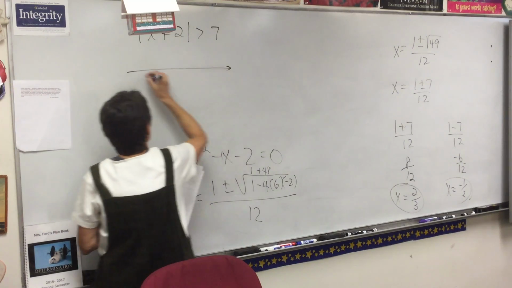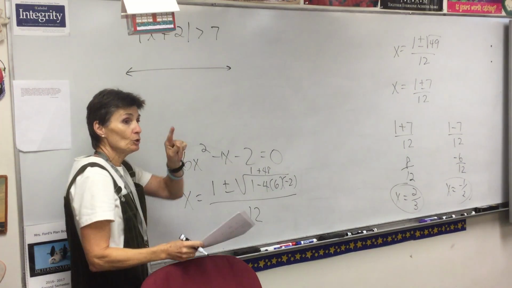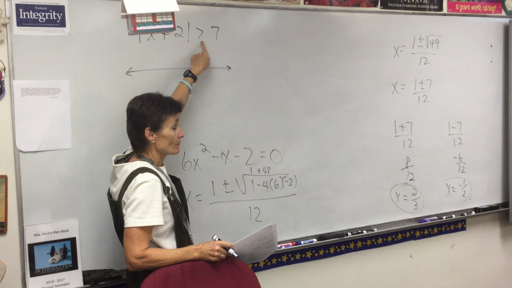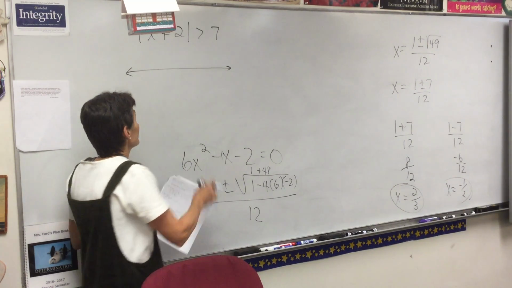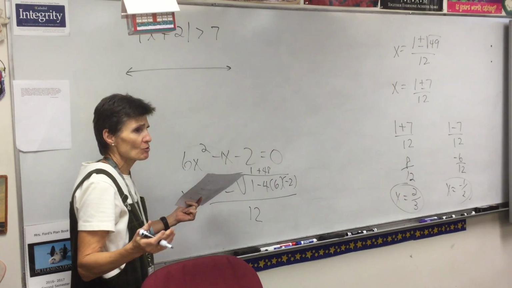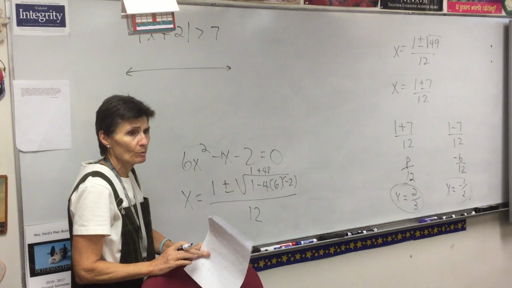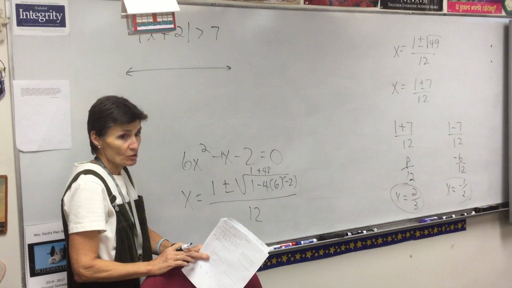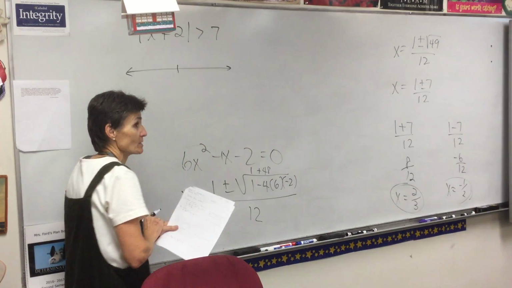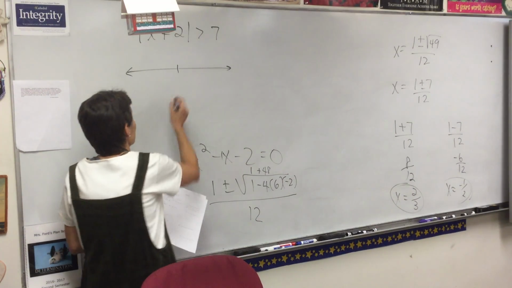Here's my number line. My clue for a number line is right there, right? So there's my number line. How do I approach this problem? I don't factor it. There's no factoring to do. I just graph it. So when I just graph it, I put a number here in the middle. What's going to be the number in the middle? -2.